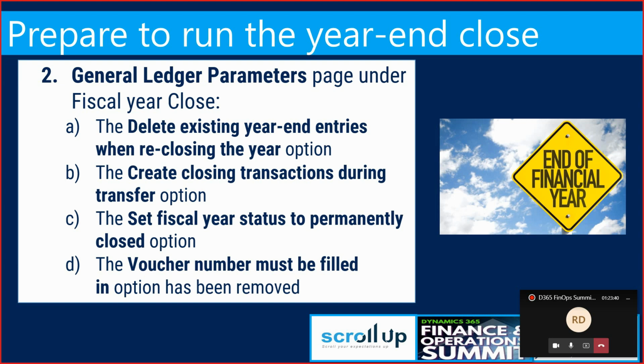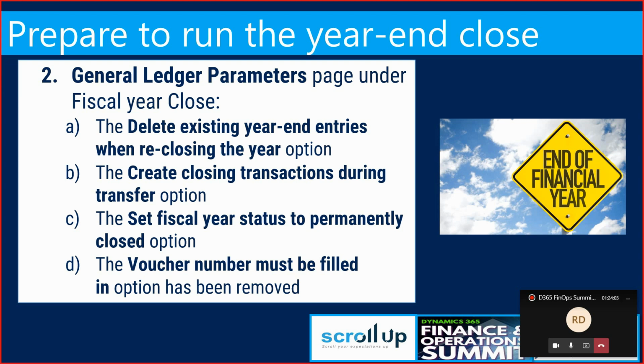Therefore, adjustments can't be posted to the fiscal year. It's not the end of life. You can always make an amendment at the beginning of the year, but once your fiscal year is set to permanently closed, you cannot reopen it. So please be careful about that. This is why it's also optional.